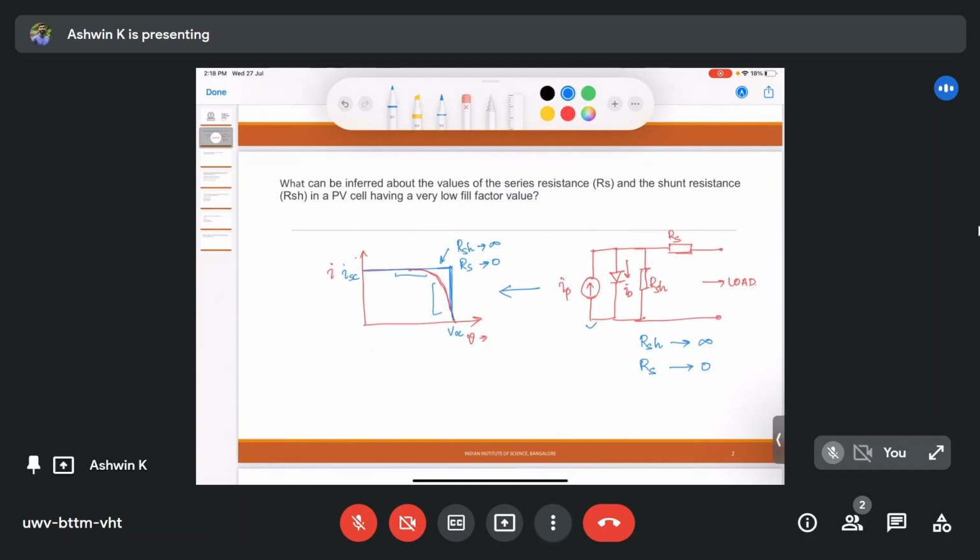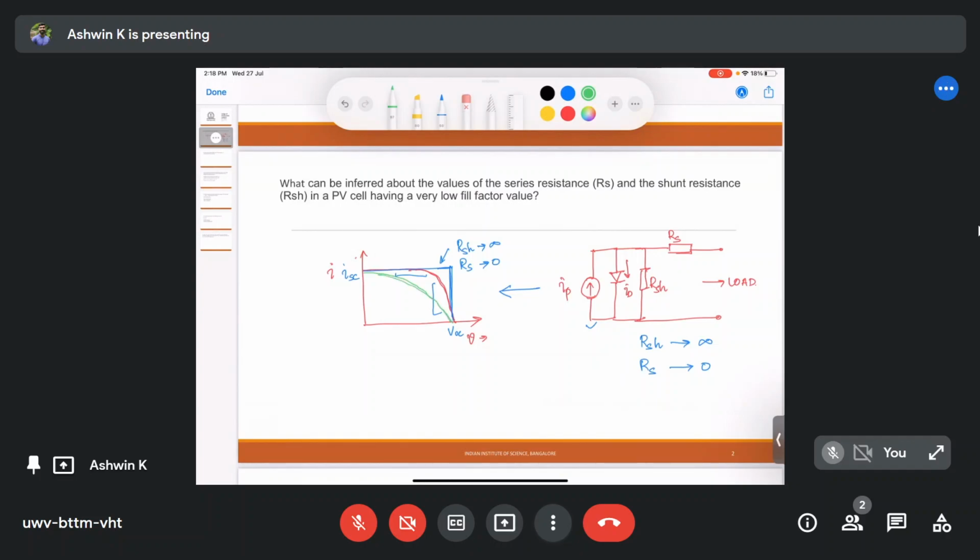And if there is a small amount of R shunt and a small amount of R series, your IV characteristic should ideally look like the red curve. But what if your R shunt is too low and R series is too high? As your R shunt reduces and R series goes on increasing, you can see that your curve starts shifting towards the lower side.